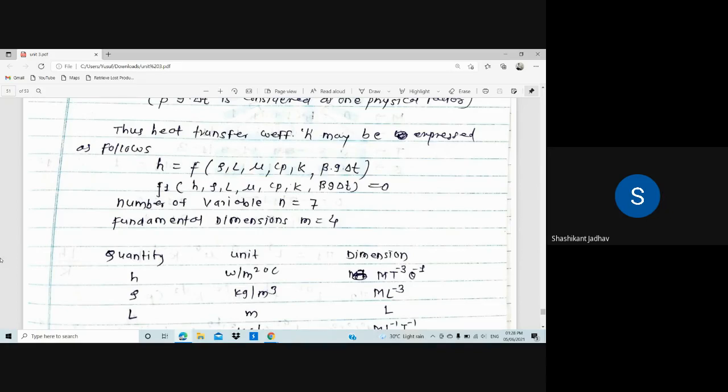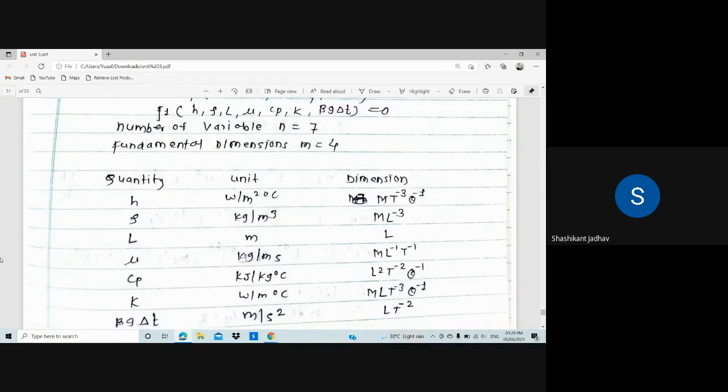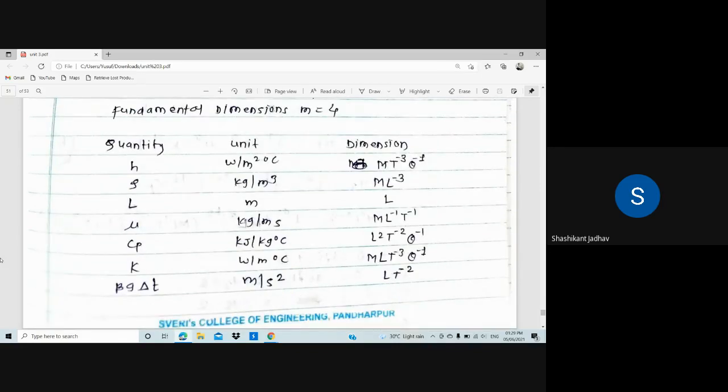H is nothing but the heat transfer coefficient, which depends upon the variables. There are 6 variables on which h depends, so the total number of variables is 7. Write down: number of variables n is equal to 7, and fundamental dimensions m is equal to 4, because we have to check the dimensions of all these quantities.